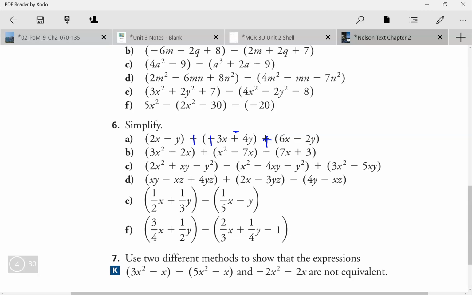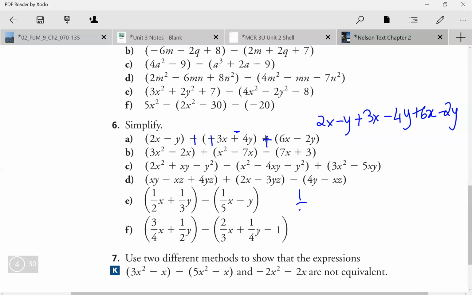So this becomes plus 3x minus 4y, and then you can just remove the brackets and add everything. So you have 2x minus y plus 3x minus 4y plus 6x minus 2y, and collect like terms, and you should have your answer. So hopefully that's not too confusing, and that's clear.